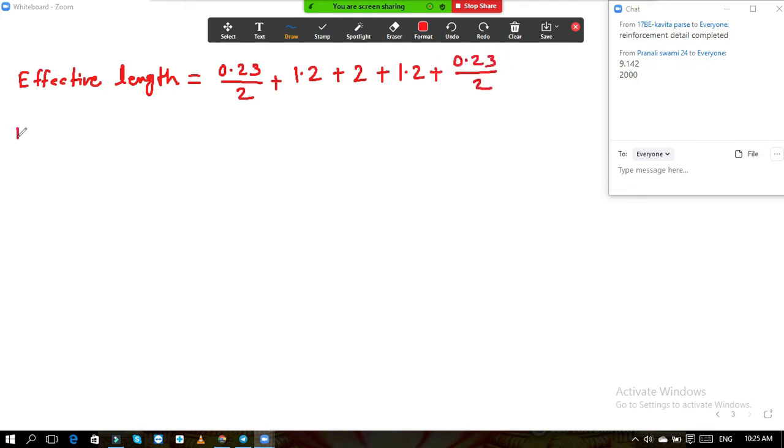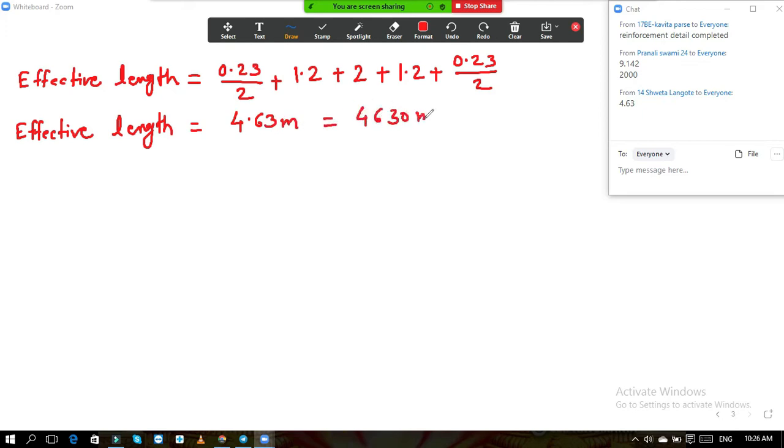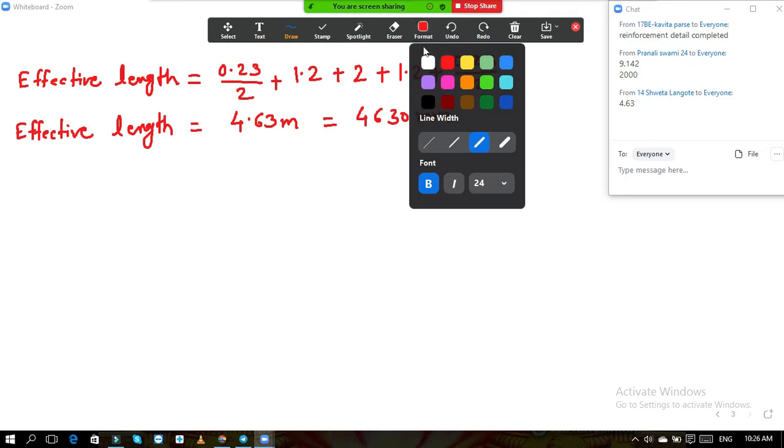So do the calculation and let me know the value of the effective length. It is 4.63 meter, which is 4630 mm. So this is the effective length.